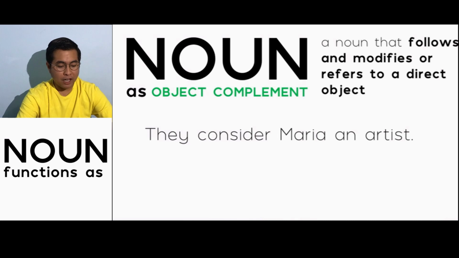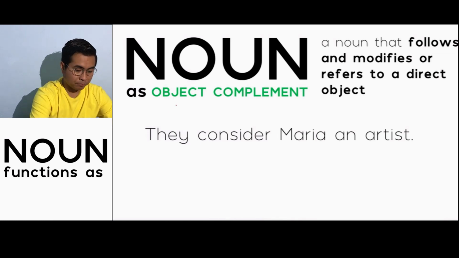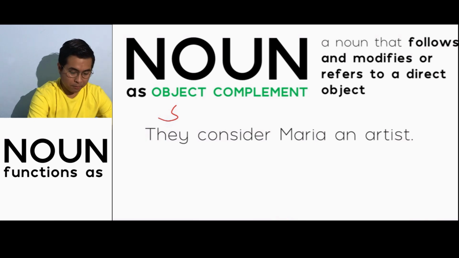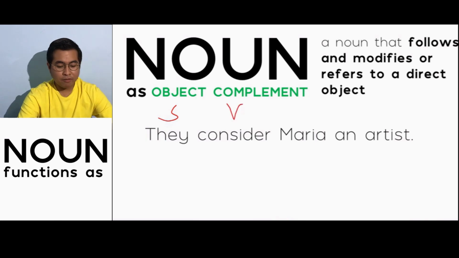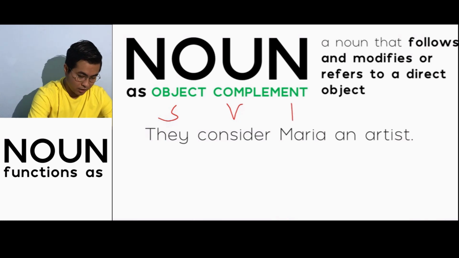In this example, we have they consider Maria an artist. So they is your subject. Then consider is your verb. Then you have Maria, your consider whom or consider what. You have Maria, so that's a direct object.